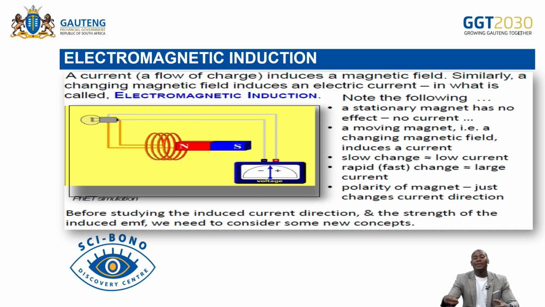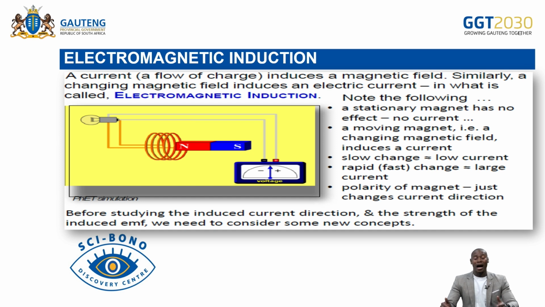So now the source of the electric current will be the magnetic field, not the source of power, which is the battery, for example. According to Faraday, we can produce current using the changing magnetic field.